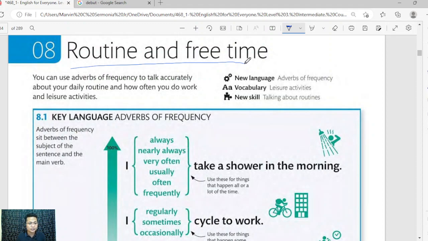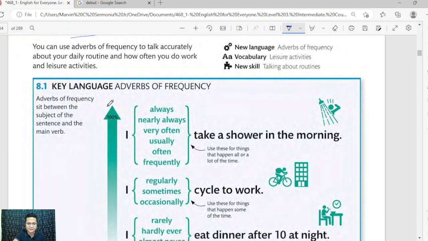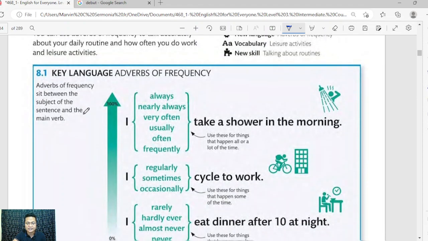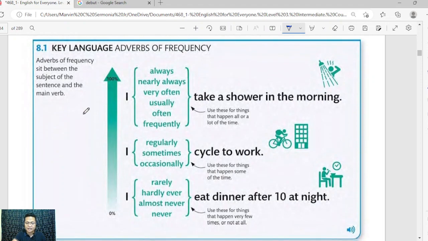So, you can use adverbs of frequency to talk accurately about your daily routine and how often you do work and leisure activities. Adverbs of frequency sit between the subject of the sentence and the main verb. Now, I'd like you to look at these examples.